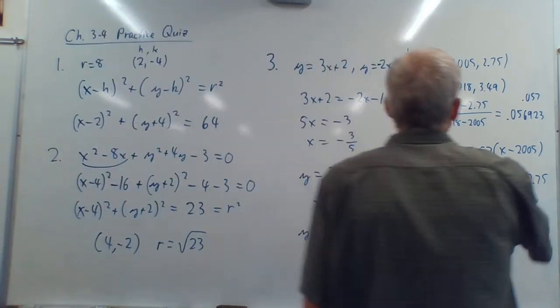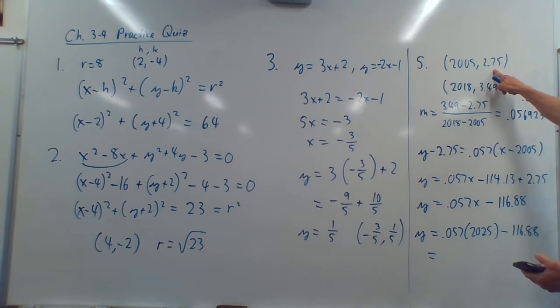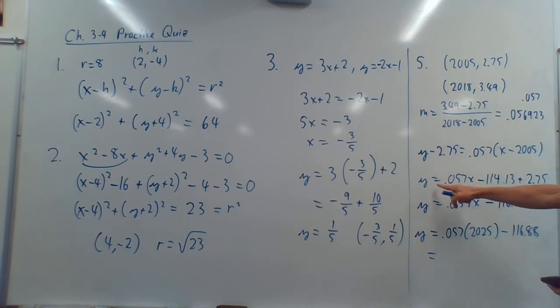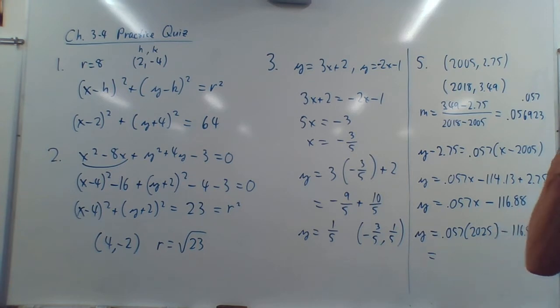So y minus y1 equals slope times x minus x1. So plus 2.75, put it over here. 0.057x, 0.057 times that is this, plus this. Oh gosh, it's plus that. I hate that, right? It's minus and plus, and I added it together. Whenever you get an answer that doesn't make sense, that's what you do.